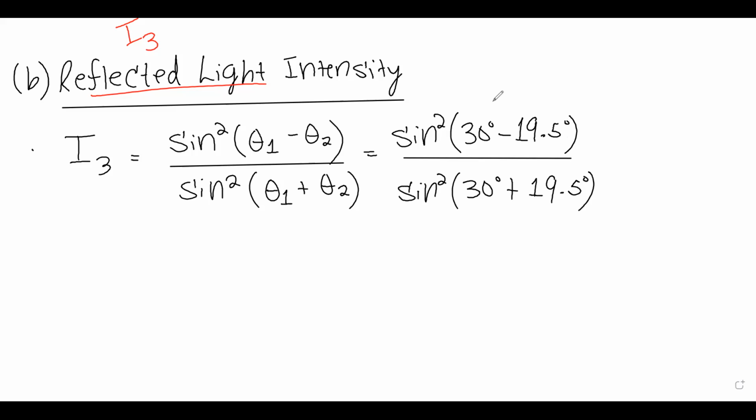The difference of the angles is 10.5. The sum of the angles is 49.5. So this is approximately sine of 10.5. Take that result and square it. You get 0.0332.